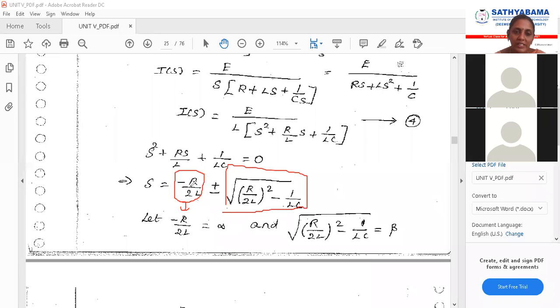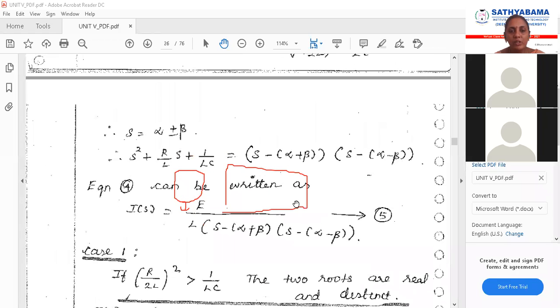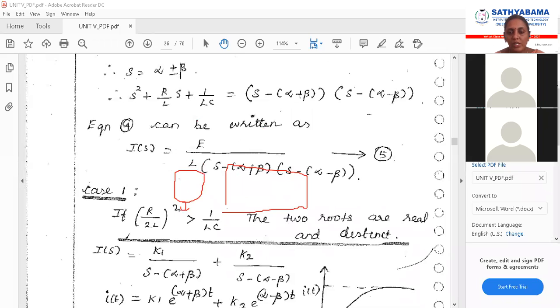So I can now write it as S is equal to alpha plus or minus beta, right? RLC will be somewhat different from the RL and RC. So we had assumed 2 values, alpha and beta, and I am writing S is equal to alpha plus or minus beta.